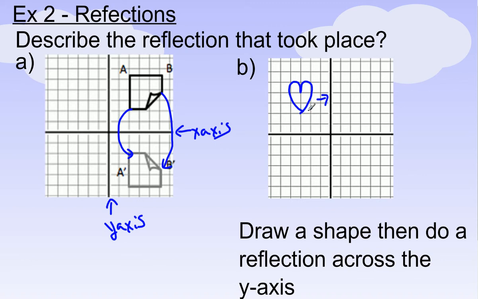So everything needs to be the same distance away, but on the other side of the y-axis. So this is 3 units away, 3 units away. So my heart, ooh, it's like that. That is ugly, but it's close enough. That's what my reflection would look like.